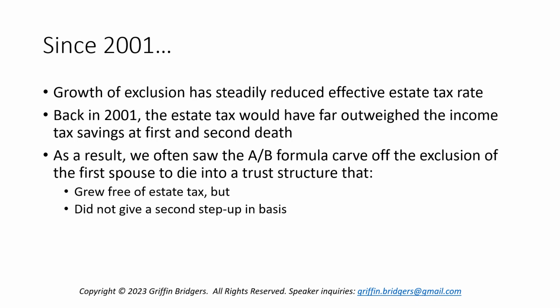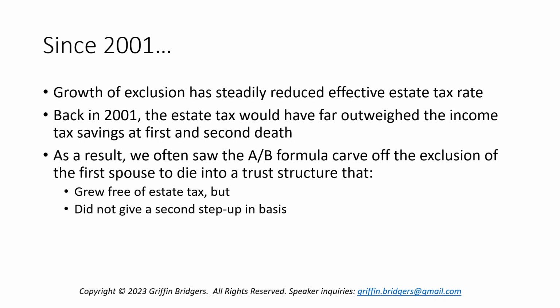So because the growth of the exclusion has reduced that effective rate, and because that amount now compares to potentially, when we combine federal and state income tax rates, the potential income tax savings from a step up in basis, especially as the effective estate tax rate is lower, only in, maybe let's say 20% or less, the AB formula is less advantageous now.